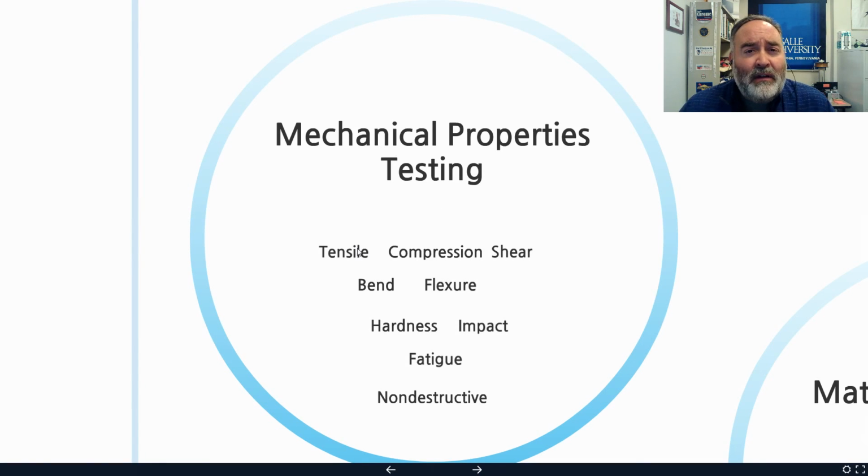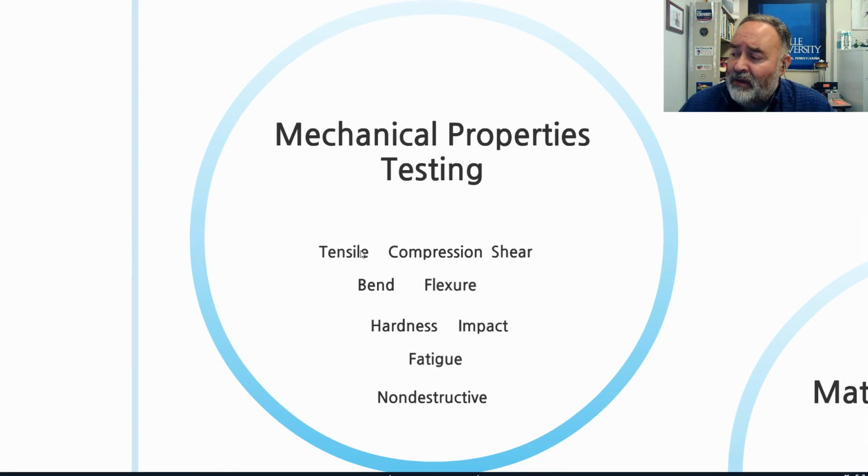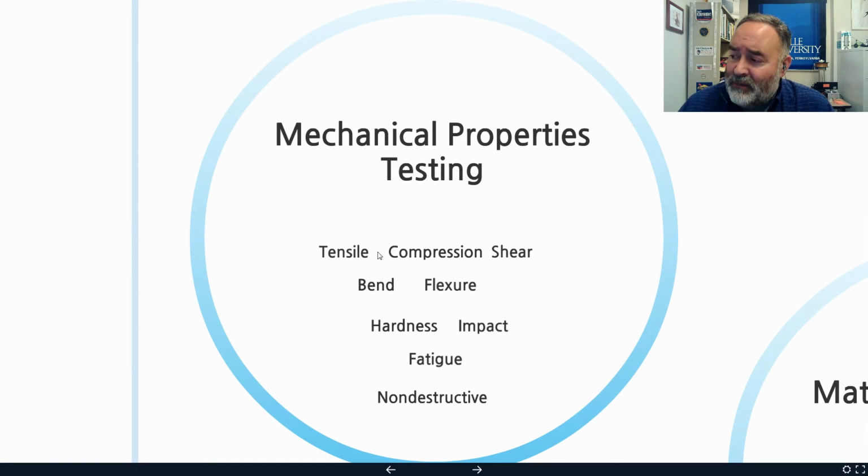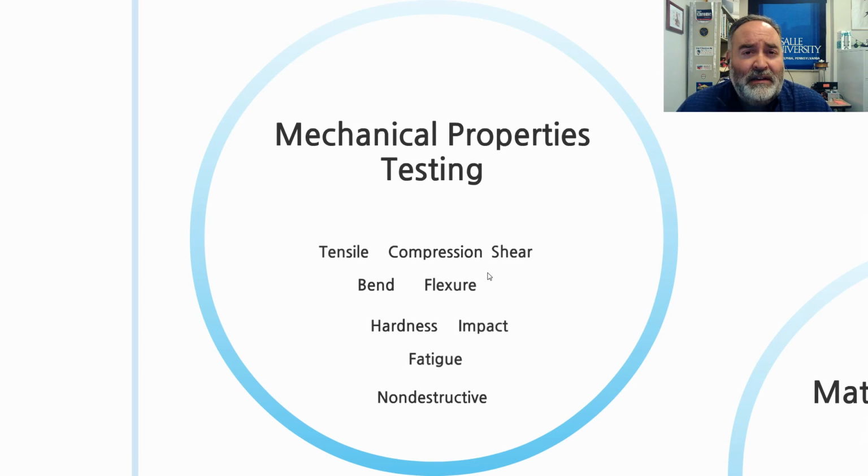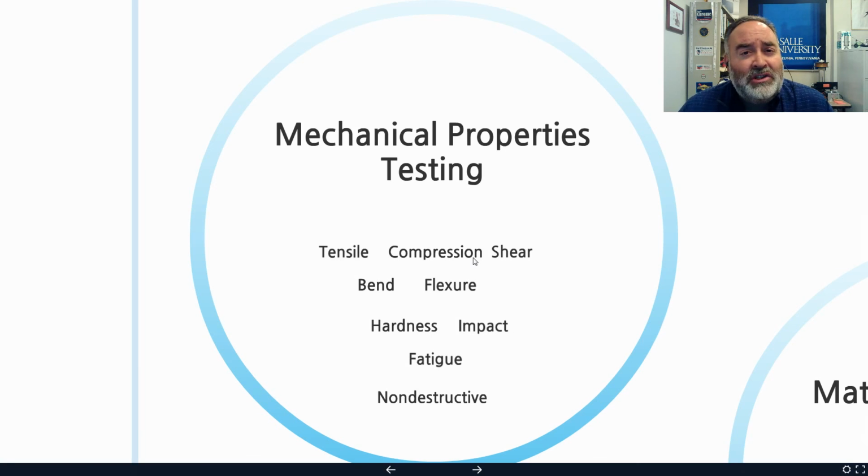These are the types of vocabulary words that we're going to be covering: tensile, bend, hardness, fatigue. These are the generic adjectives that material scientists use to describe different materials, regardless of what they're made out of.